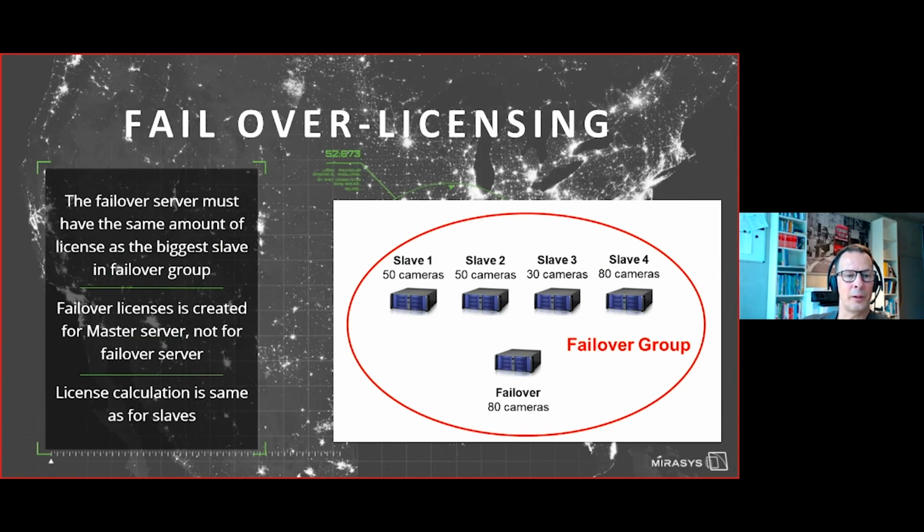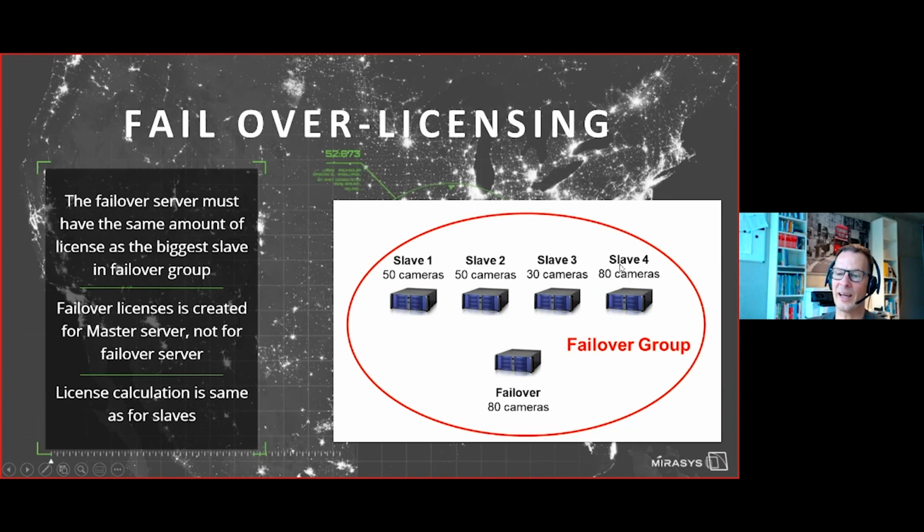Licensing is very simple. The failover server must have the same amount of license as the biggest slave in the failover group. Let's have a look at the failover group. You see slave 1 has 50 cameras, slave 2 50 cameras, slave 3 30 cameras, and slave 4 80 cameras. To take over one of those 4 slaves, the failover server must have the same amount of cameras as the highest one of the slaves.